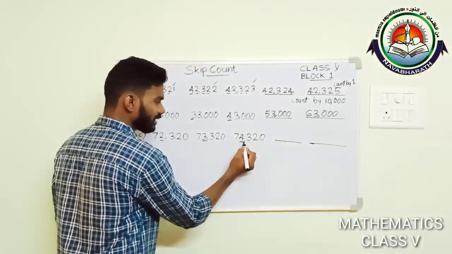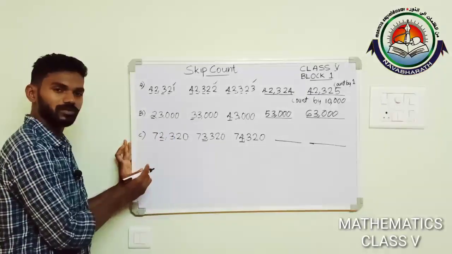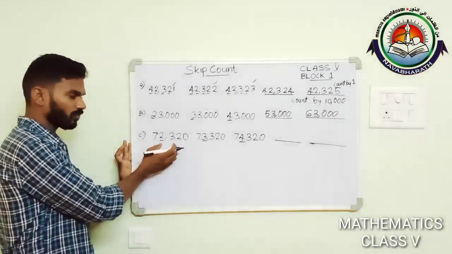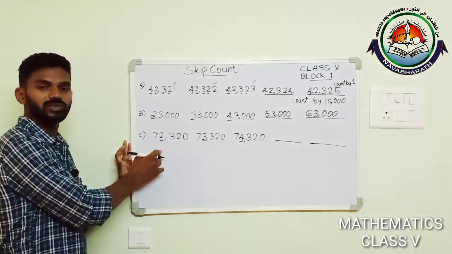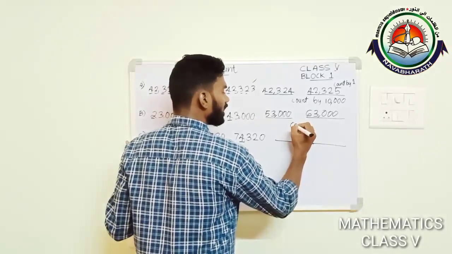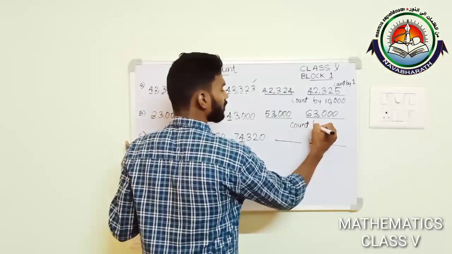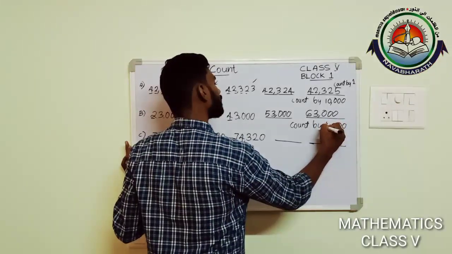Then it changes to 4. So this is the place. Which place is this? Ones, tens, hundreds, thousands place. So it would be a skip count by 1000.